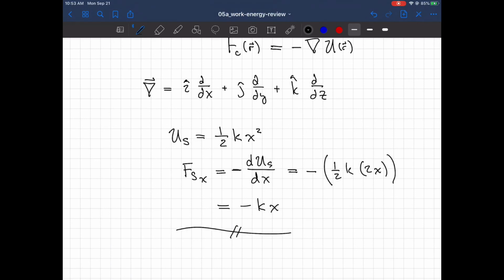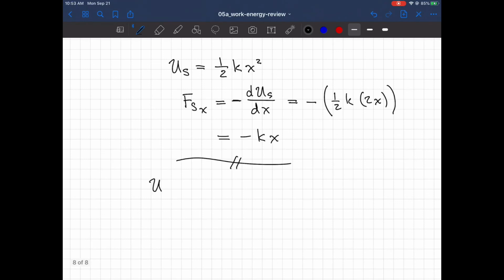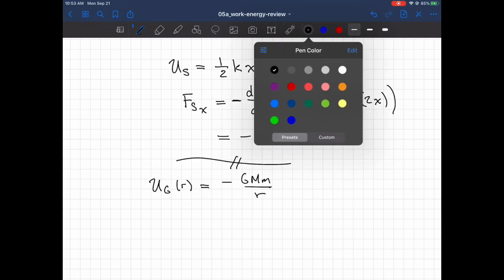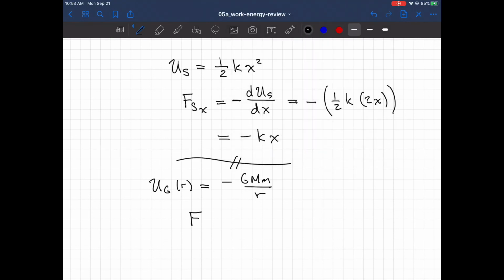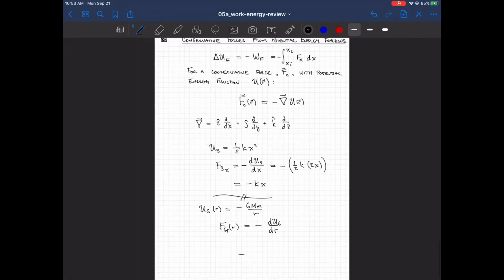What about for the force of gravity? So we had that U_g as a function of r was equal to minus big G, big M, little m over r. Again, that's just a single variable. So what we can do is say that the force of gravity, the r component of it, is equal to minus dU/dr.